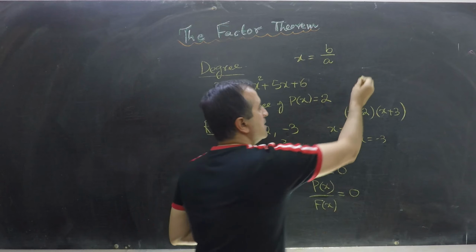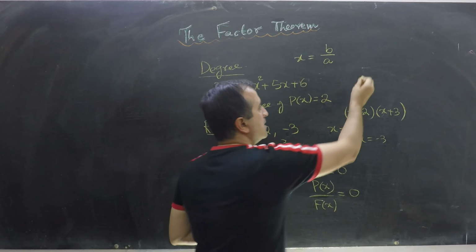That means from this polynomial we can find two factors, and those two factors will give us two different roots. When we put those two different roots in this polynomial, we will get two different equations, and when those are solved, we will get the values of a and b. So these are my steps.